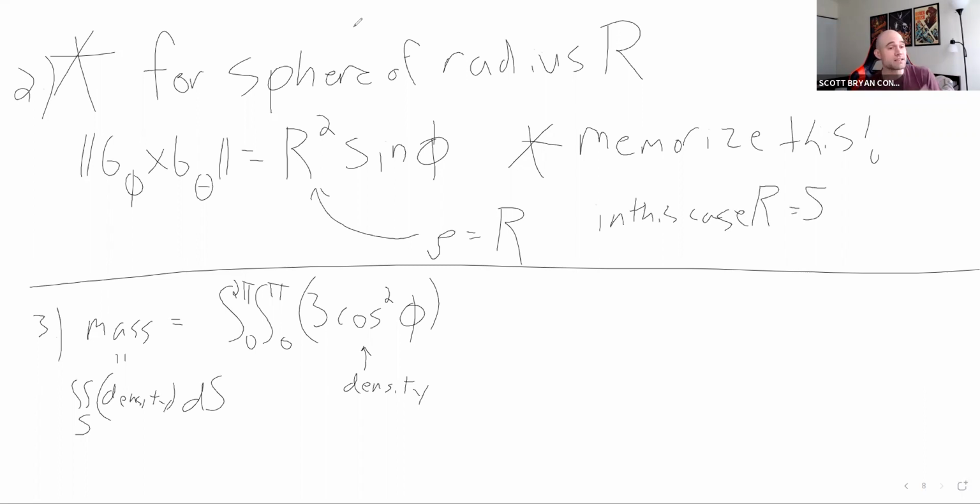In this case, our radius of the sphere we're told is 5. So that becomes 5 squared, 25, sine phi d phi d theta.